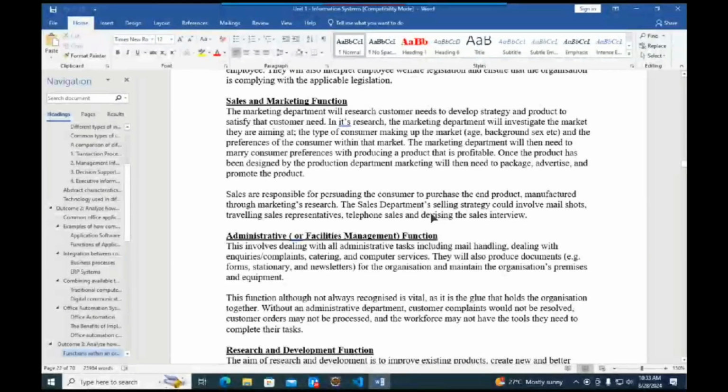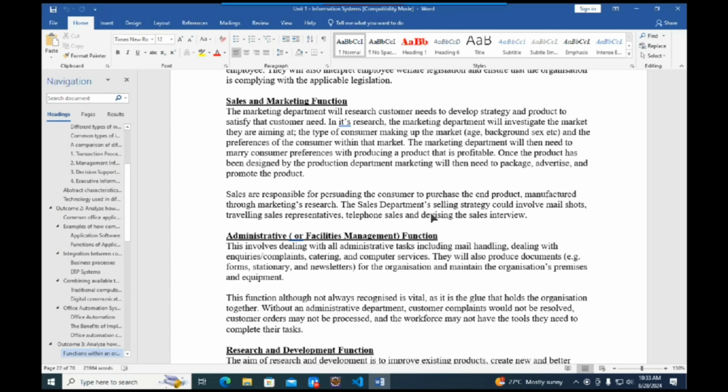Now we have the other function, which is the sales and marketing function. The sales and marketing function is just going to do research on what the customers need and then come up with a strategy to make sure that the products the company makes satisfy the needs of the customer.